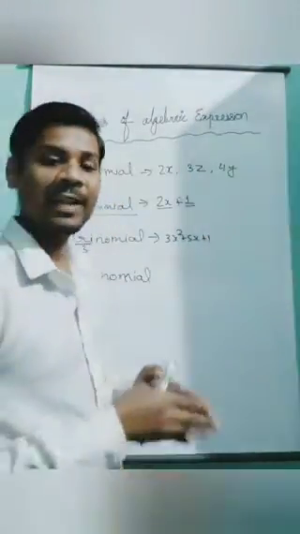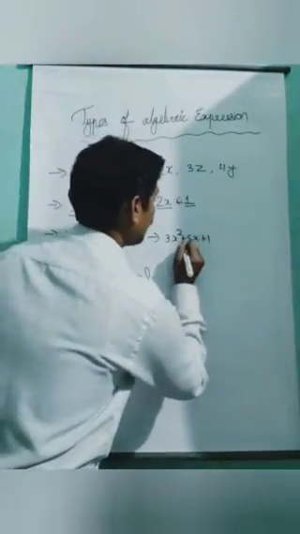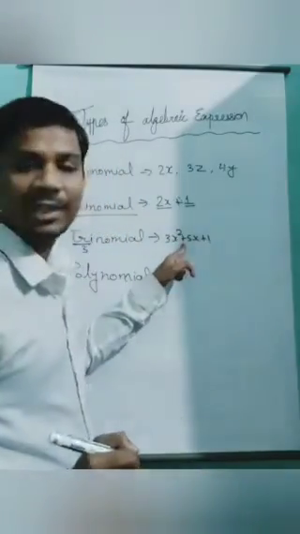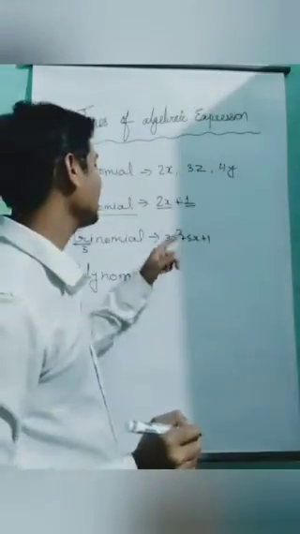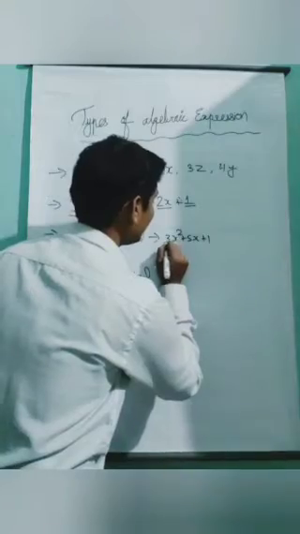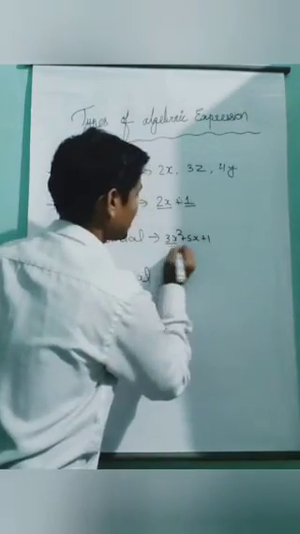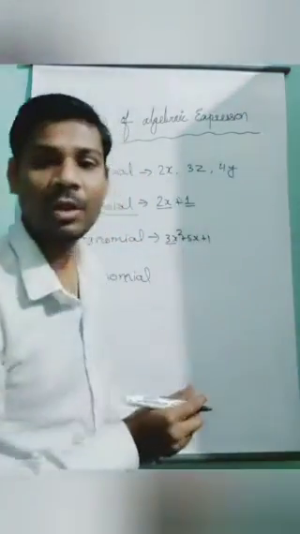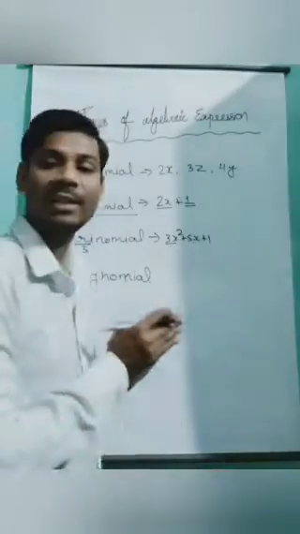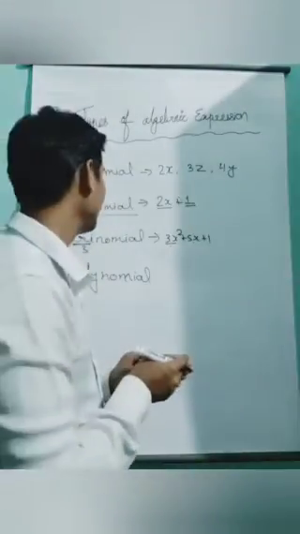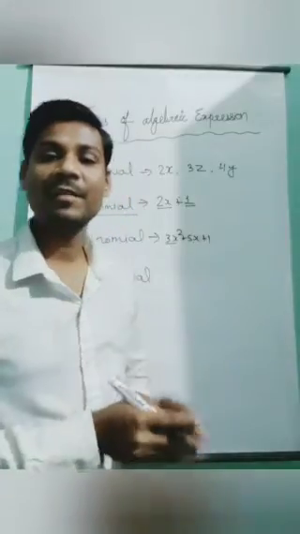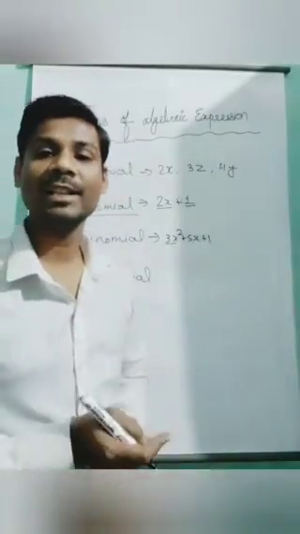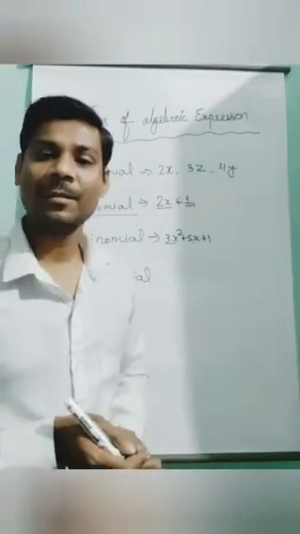Clearly we can see that two mathematical operations, addition, separate the terms: this is the first term, this is the second, and this is the third term. So in total we have 3 terms, and an expression which has only 3 terms is a trinomial.